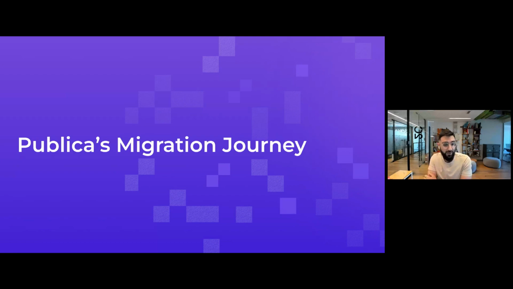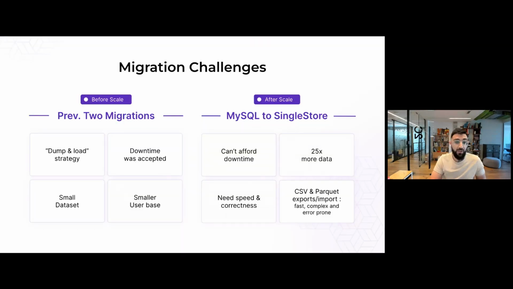But again, this is about our migration journey too, and this was not the first time that we did a big, very important and critical migration. We had been in different clouds. We basically started on AWS, then migrated to Google Cloud, then back to AWS, and while we are now on AWS, we are also using Singlestore.